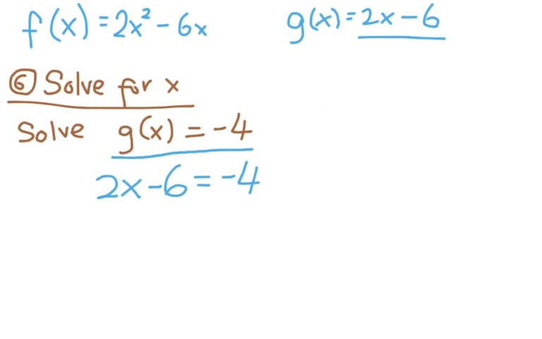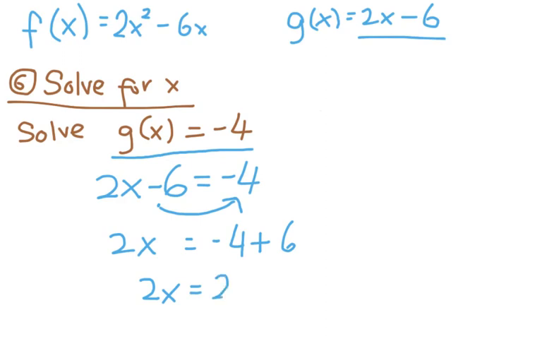First, we move the negative 6 to the other side, and it becomes plus 6. So 2x equals negative 4 plus 6. Negative 4 plus 6 is 2, so 2x equals 2.